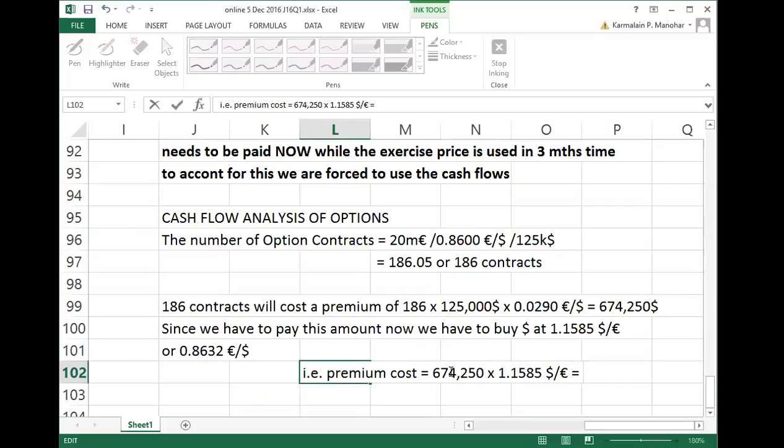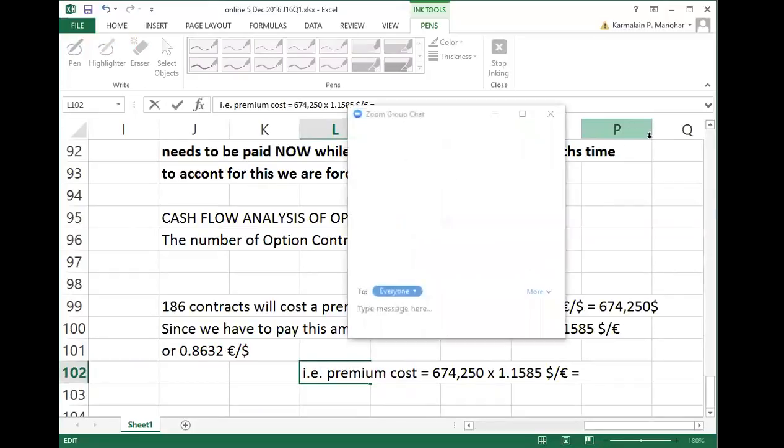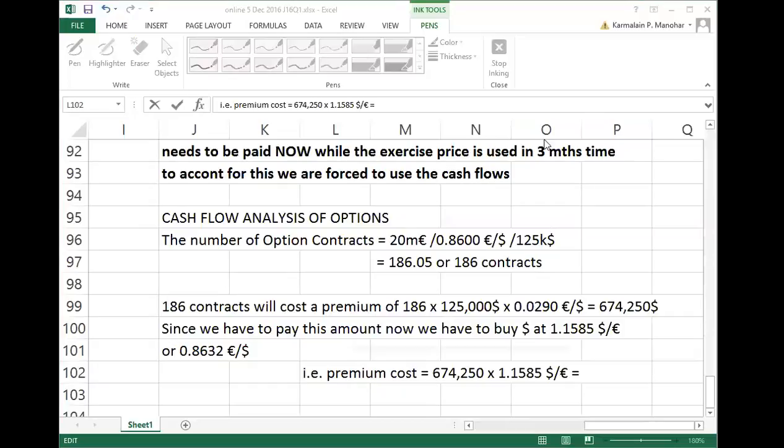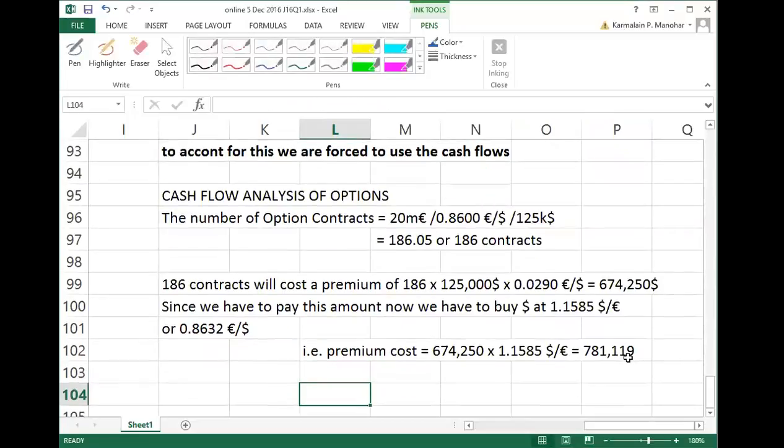Oh, where's my chat box? Yeah, somebody throw the number at me, please. 674,250 times 1.1585. Right, 781,119. So let's see when we do our conversion in the end to get our effective rate, if it comes back closer to our value here.